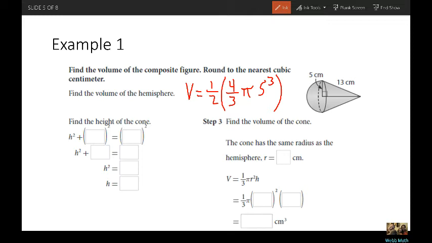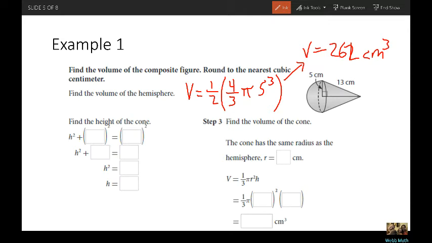Actually let's do this, 5 to the 3 is 125, times pi equals that, times 2, and then divide by 3. So we get, for our volume here, 261. They say round to the nearest cubic centimeter, so 262 cubic centimeters.